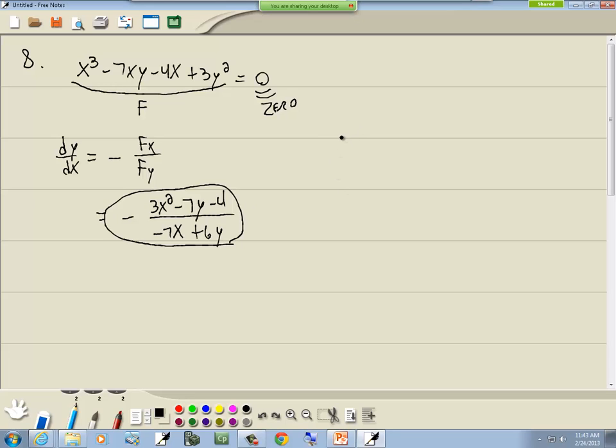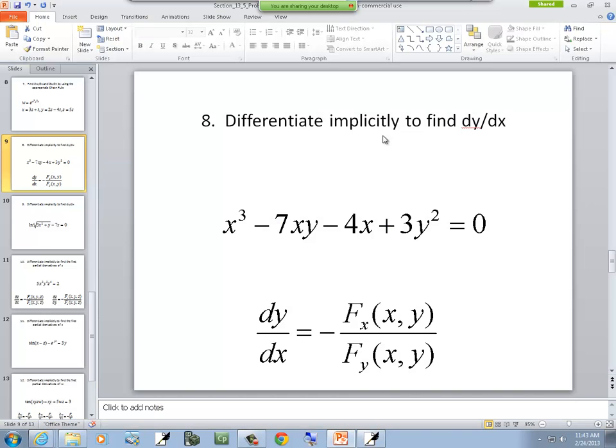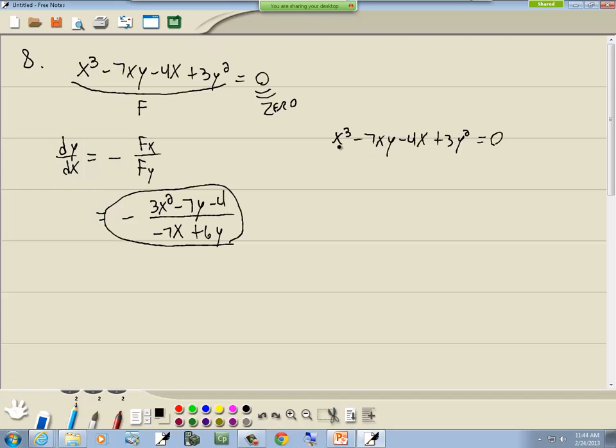Now let's do this another way. They're wanting us to find dy dx, so let's take the derivative like we did back in Calc 1. This right here is a product rule, and I'll include the negative 7 with it, just so I don't have to worry about it.